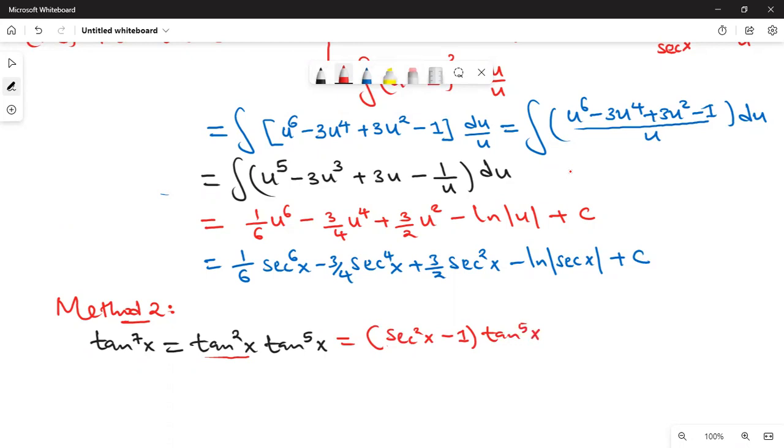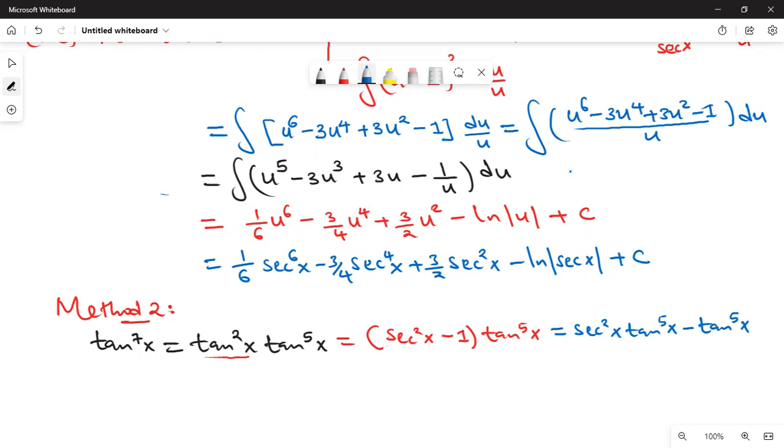If you open the bracket, this is the same as writing sec squared of x times tan raised to 5 of x minus tan raised to 5 of x.